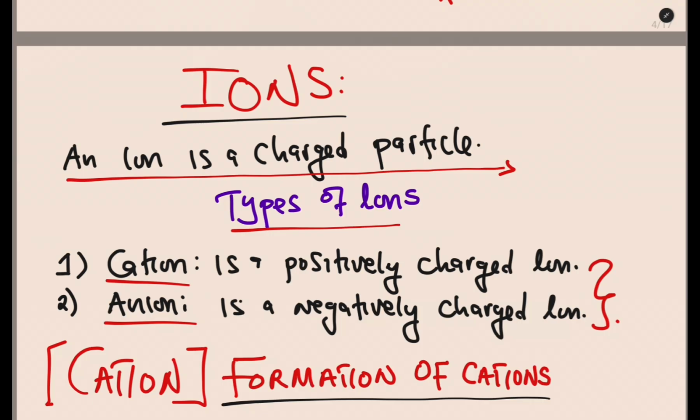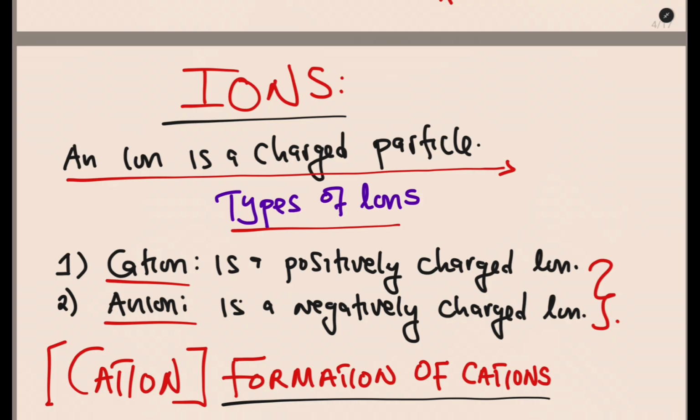So now, after looking at isotopes, you should know that isotopes are atoms of the same element, but some isotopes are not stable, and therefore they act in a way to gain stability.